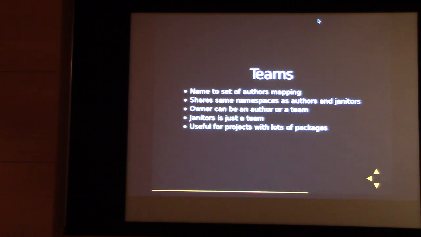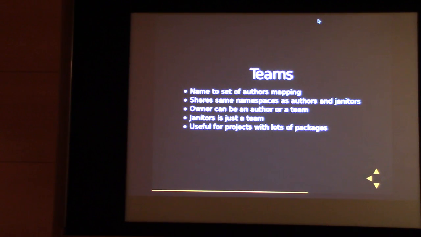Janitors themselves are just a team, and teams are just an indirection on the naming. So we will have teams, which is a map from a name, sharing the same namespace as the authors and the janitors, to a set of authors.